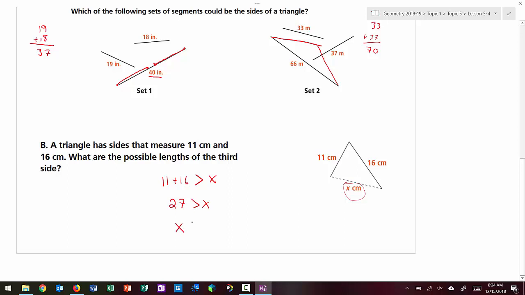So x has to be less than 27. If we then use x as our smallest side, that would mean x plus 11 has to be bigger than 16. And if I do just a little bit of algebra here, x has to be greater than 5. So that tells me anything bigger than 5, anything less than 27, and I'm going to have a triangle. If we went less than 5, they wouldn't be able to build a triangle. If we went greater than 27, same thing would happen.